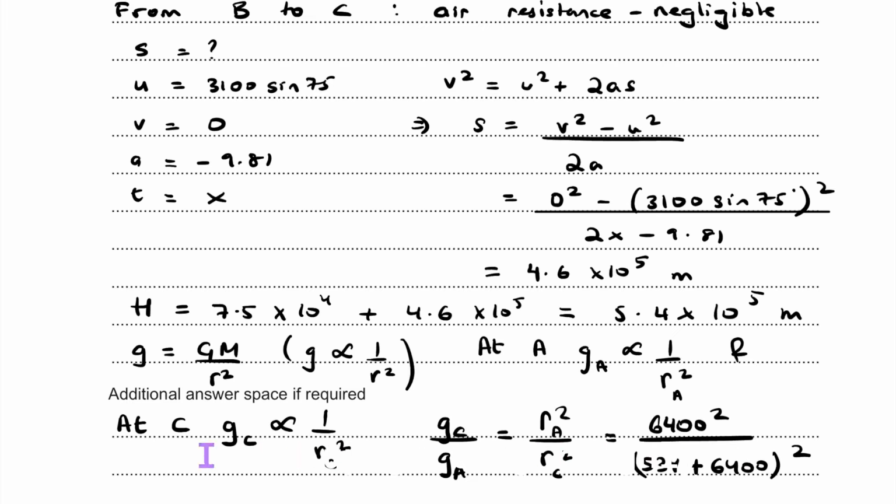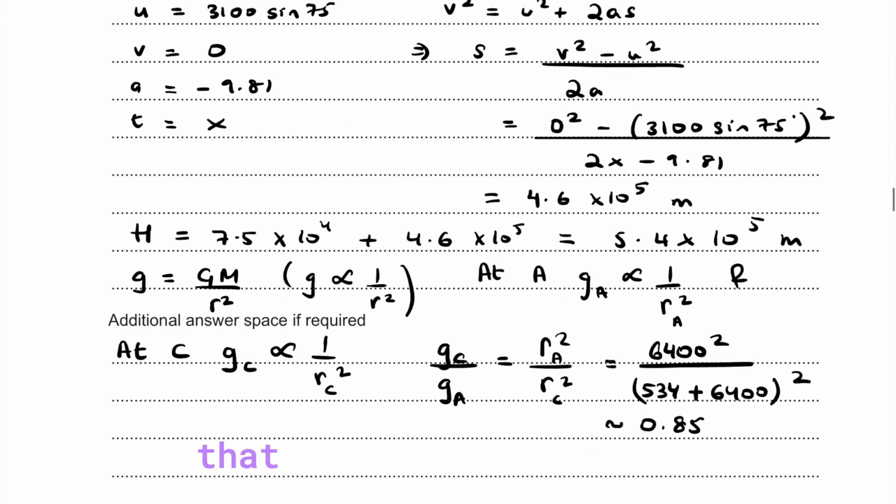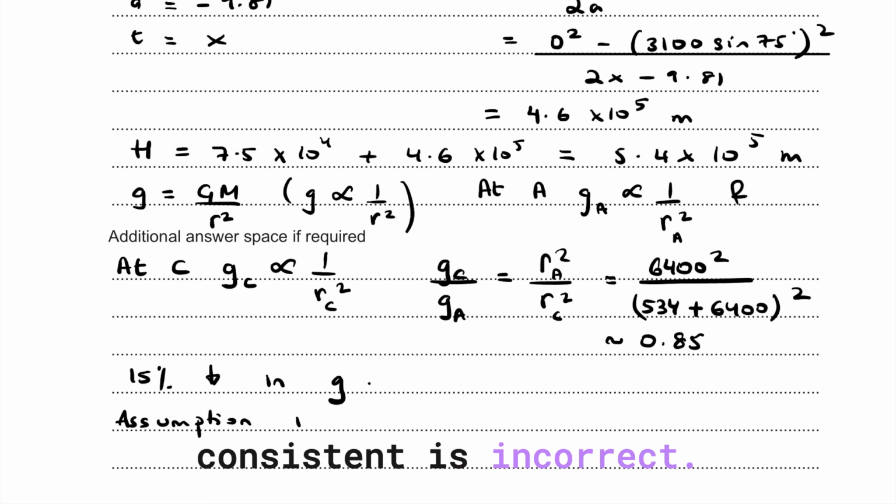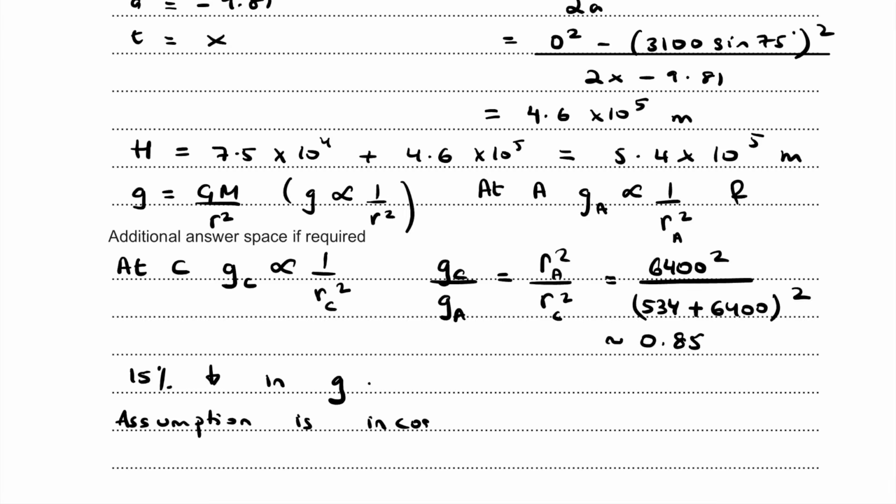Square that, and I end up getting roughly about 0.85, which means that there is a 15% drop in g. So that means that our assumption that it's consistent is incorrect. All right, so let's move on to the next part now.